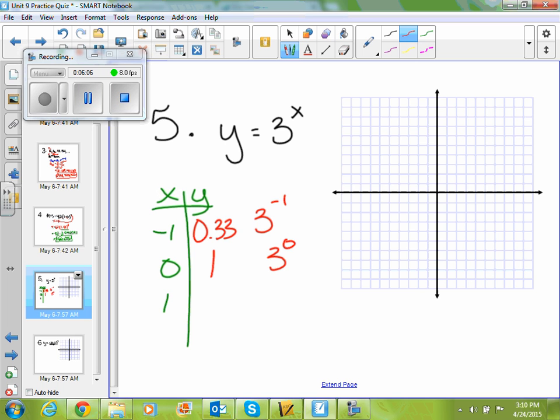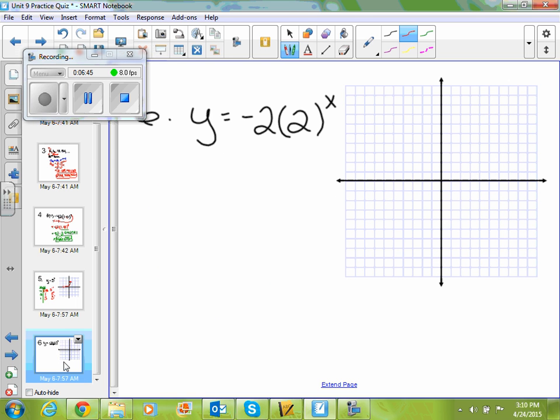Anything to the 0 exponent is 1. And if I plug in 1, 3 to the 1 is 3. So if I graph those, negative 1, 0.33 is back 1, up very little. 0, 1 is over 0, up 1. And 1, 3 is over 1, up 3. I then connect my points to make my curve. Alright, so any questions on number 5? Nope, pretty straightforward.